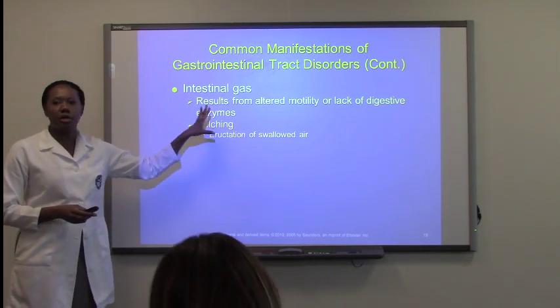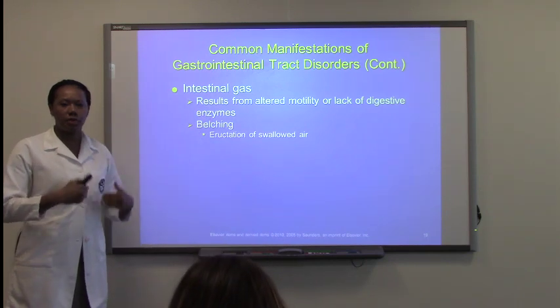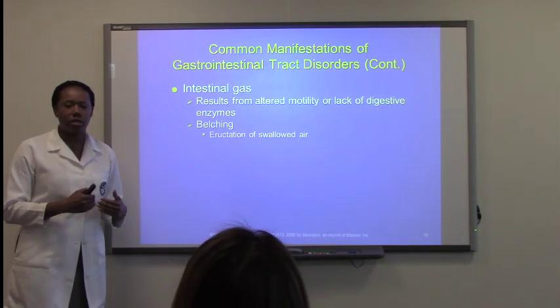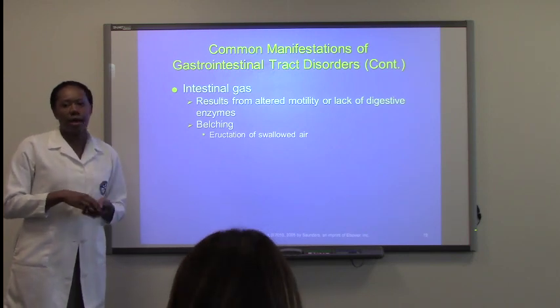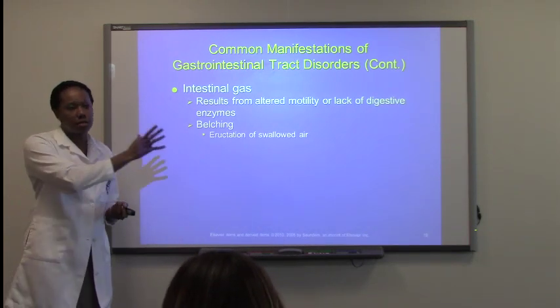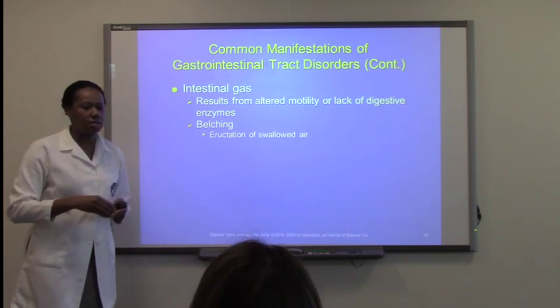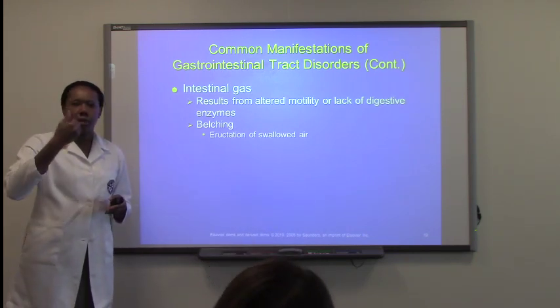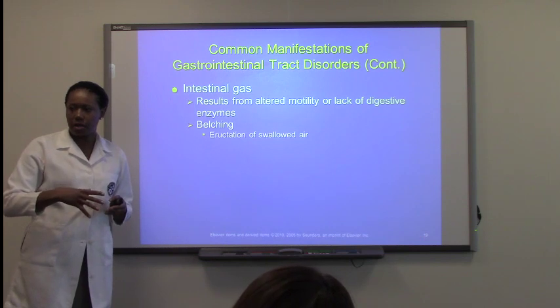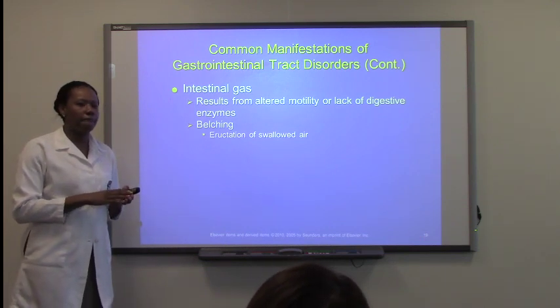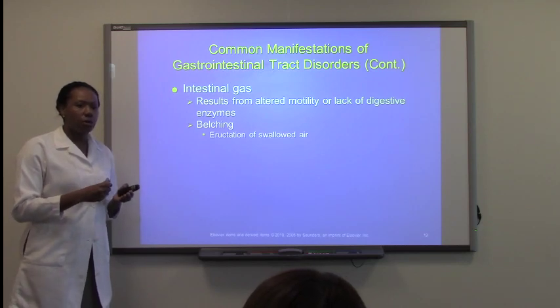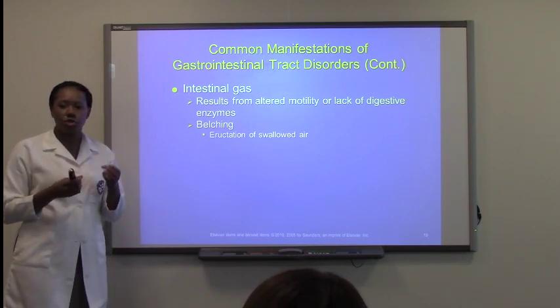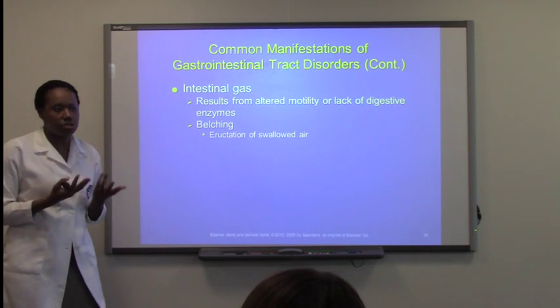But what really causes it, as far as the physiology of the GI wall, is actually the fact that when we lack digestive enzymes, what will happen is, say for example, let's just take people that are lactose intolerant, because that's an easy one to take. When people drink milk products and dairy products, the body doesn't have the enzyme to break down that lactose. So that particular lactose will actually sit on the GI wall. It'll just sit there.